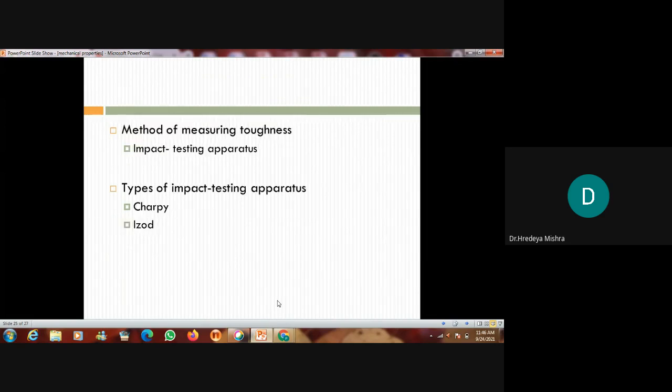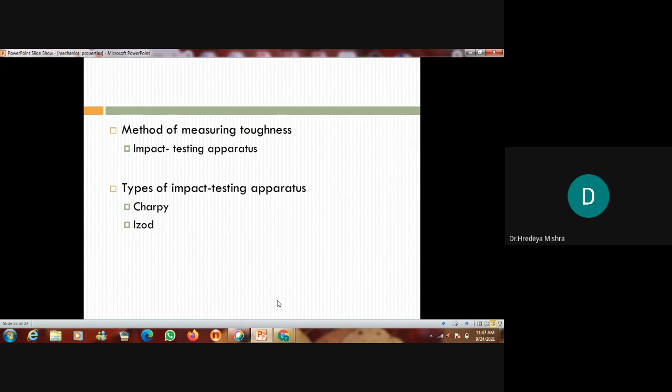The method of measuring toughness is impact testing. From the tensile test and compressive test we measure the strength, which is a mechanical property. From the impact test we test the toughness.